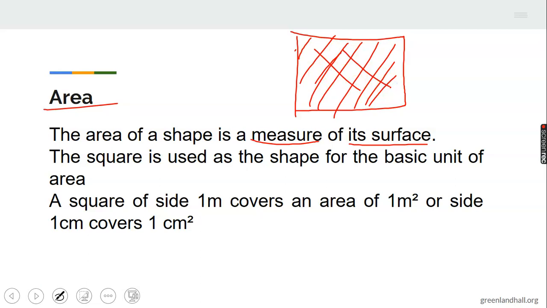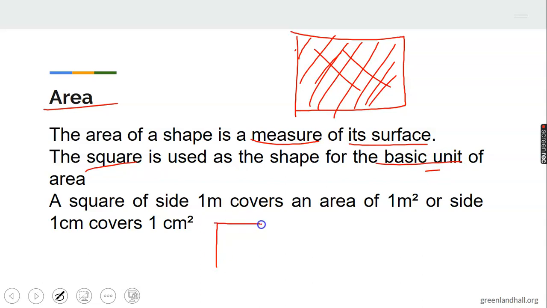Now, I believe you still remember square. A square is used as the shape for the basic unit of area.